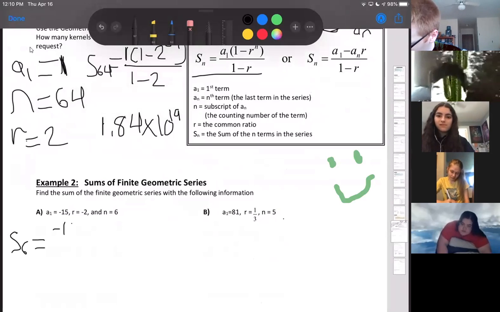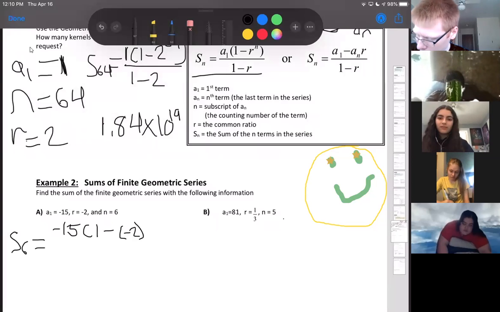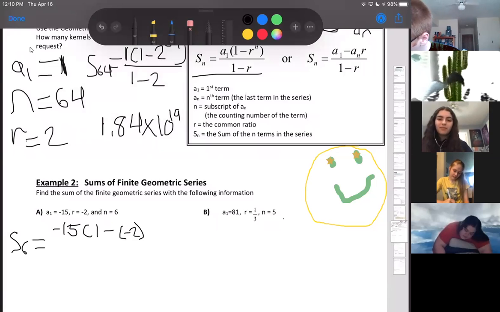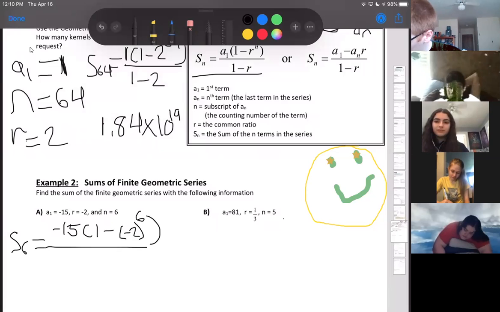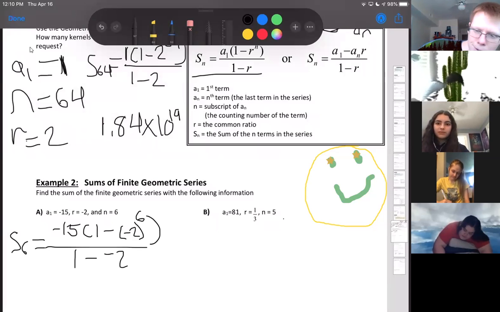A1, in this problem, is negative 15, times 1 minus our R, in this case negative 2. If it's a negative, you want to put parentheses around it, for sure. It's probably always a good idea, but definitely for negative numbers. Up to the 6th power, all over 1 minus R. So 1 minus negative 2, or if you want to write that, just 1 plus 2.